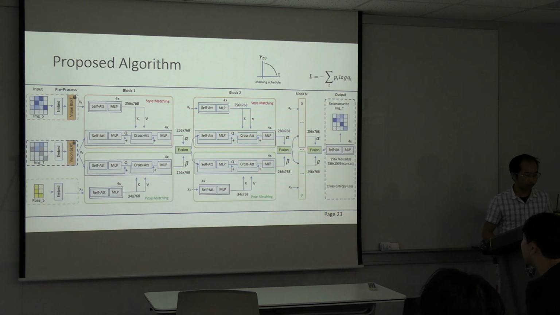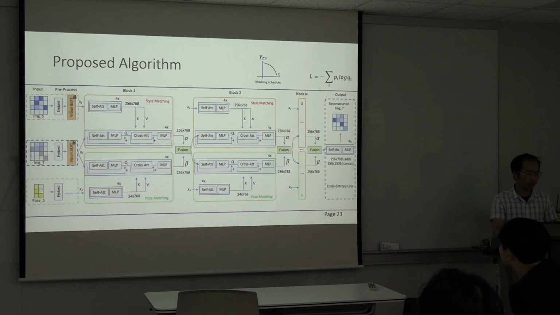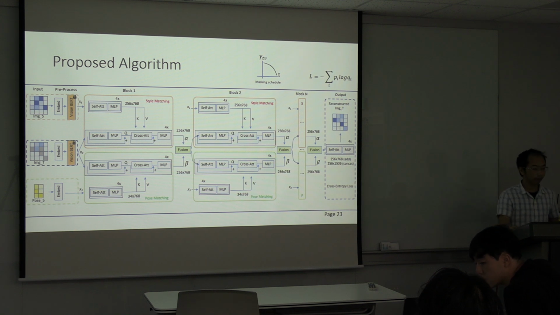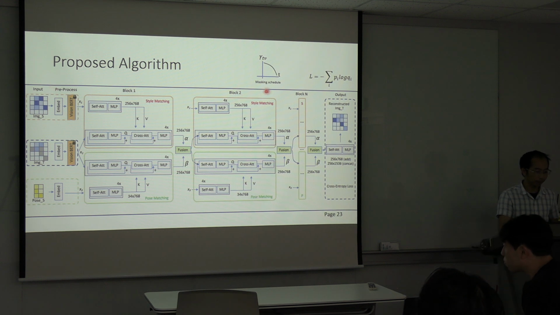How many blocks do you use for your model? I think this one we need to do an ablation study to see what the optimal number is. I think the number of blocks relates to refinement.